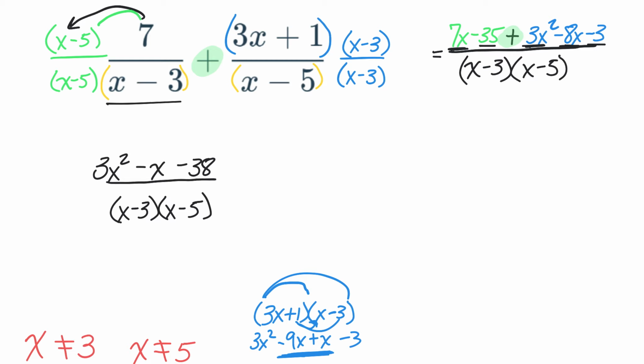I'm going to be lazy. I've now got to check to make sure that the numerator doesn't factor, and really, I know better. We'll talk about it in just a second, but I'm going to just show you what I'm doing. I'm going to graph and see if the 3x squared minus x minus 38 crosses the x-axis at any important parts.